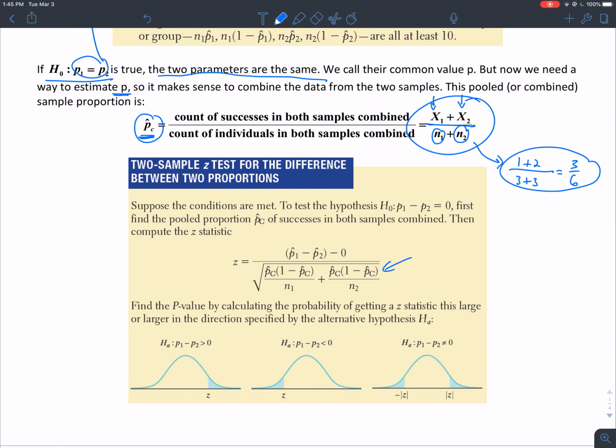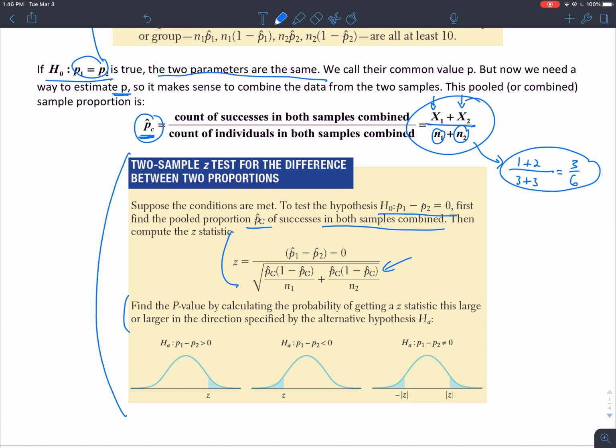So here is a two-sample z-test for p1 minus p2. Suppose the conditions are met, so you check the conditions. Then to test this hypothesis, we first find p hat sub c in both samples combined. Then we compute the test statistic. This would be our do step. Then we find the p-value for my test statistic.